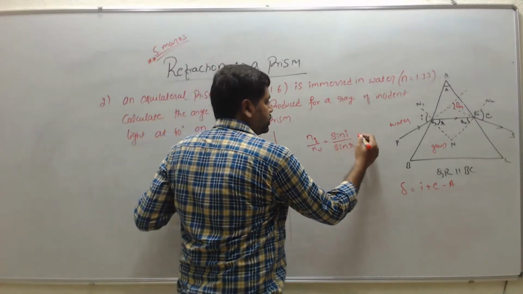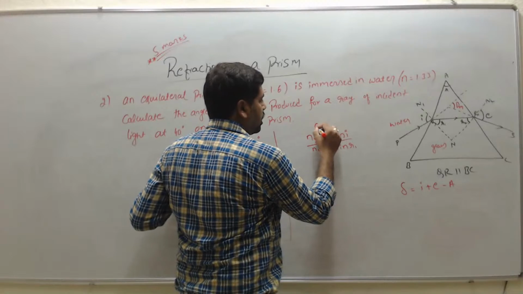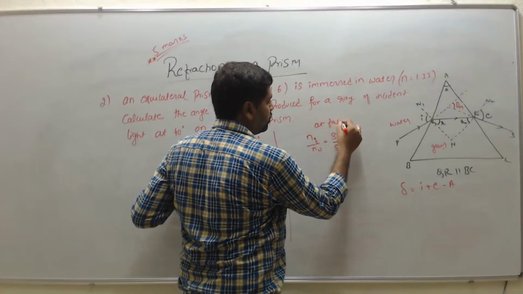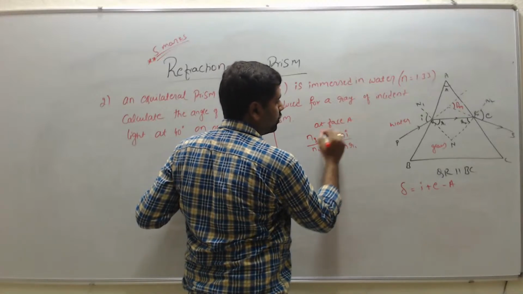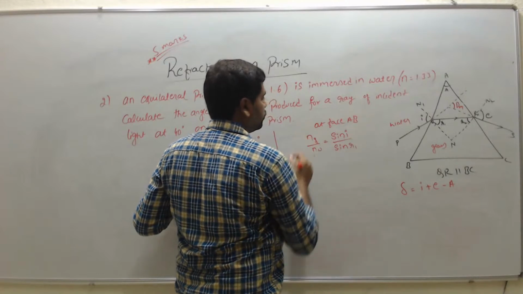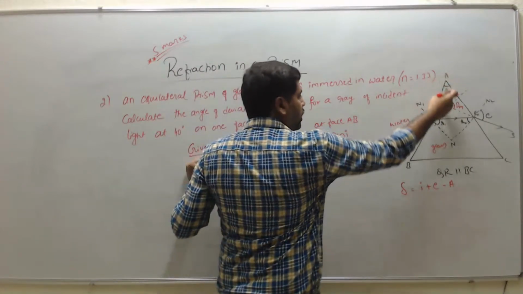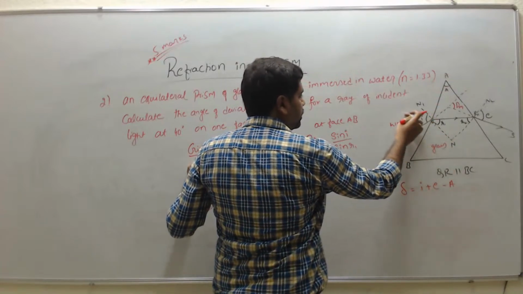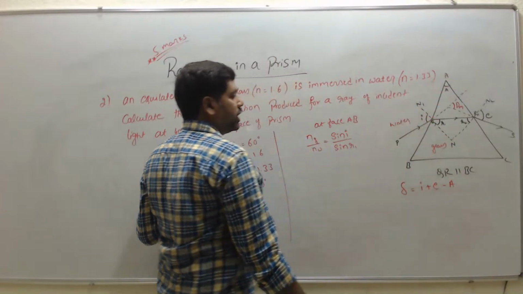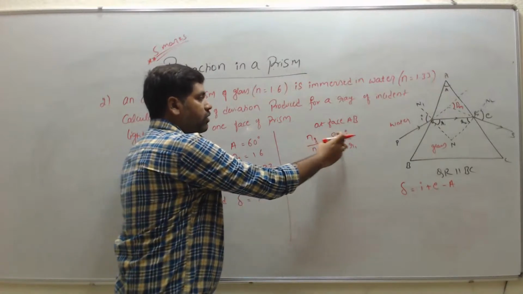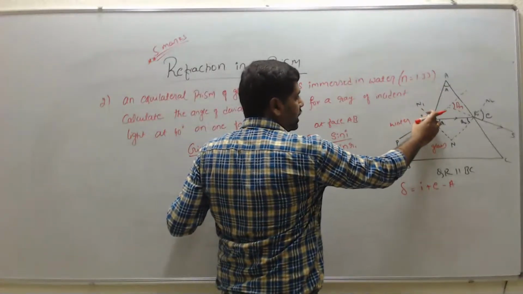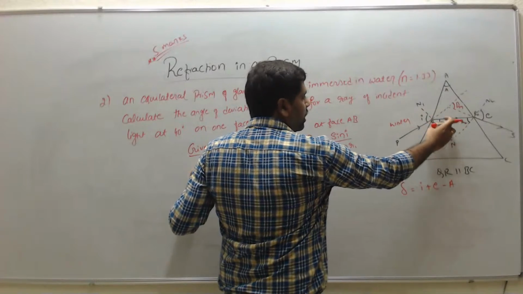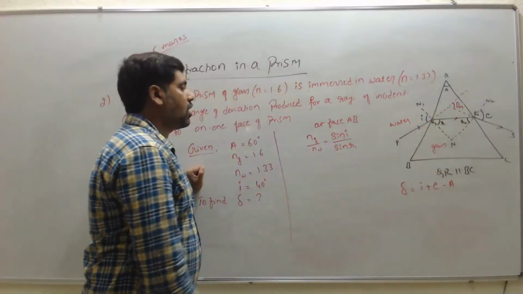We are applying Snell's law at the face AB. The refractive index of the second medium with respect to the first medium, Ng divided by Nw, equals the sine of the incident angle to the sine of the angle of refraction, R1.